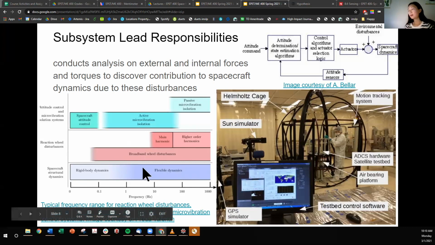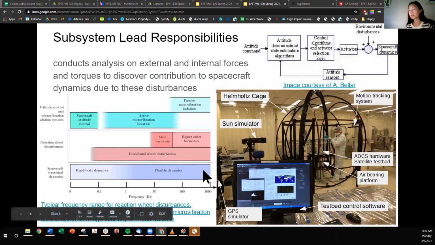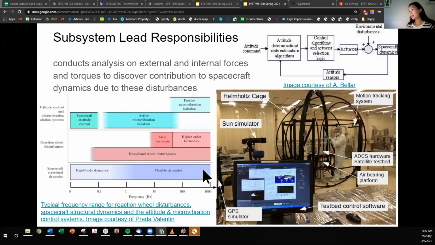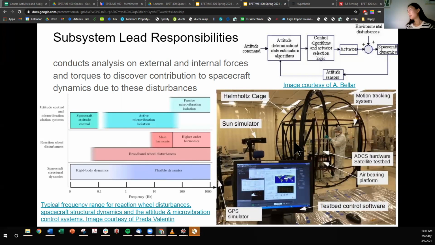If you have a flexible appendage on your spacecraft, the flexible dynamics of, let's say, an articulated arm or a solar panel that's extended out, that could also be a part of your disturbances that you want to reject. To conduct analysis, you may want to test your system out in some kind of attitude determination control simulator, which is shown here.